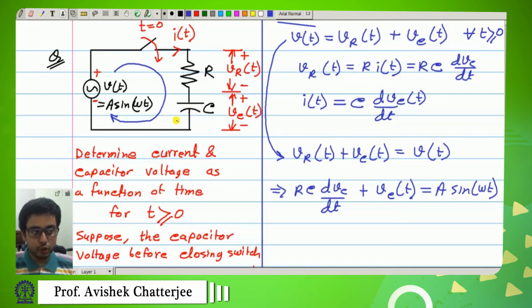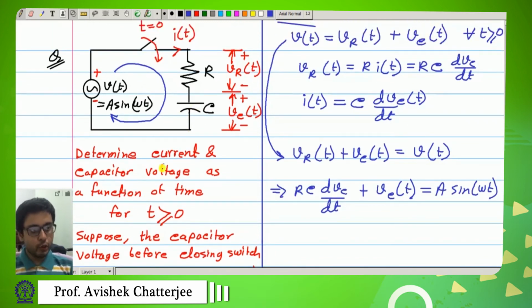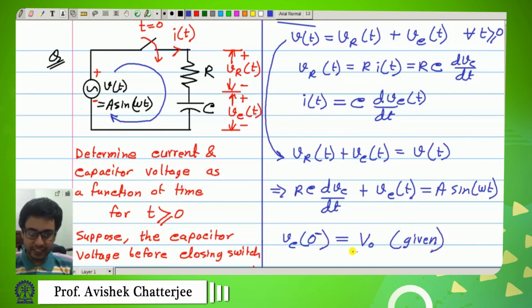It will not get discharged when the switch was open, and due to that the voltage was V0. So we can say that the capacitor voltage vC at time 0 minus, just before the switch was closed, is equal to V0, which is given. So we also have an initial condition and a differential equation with the input given.